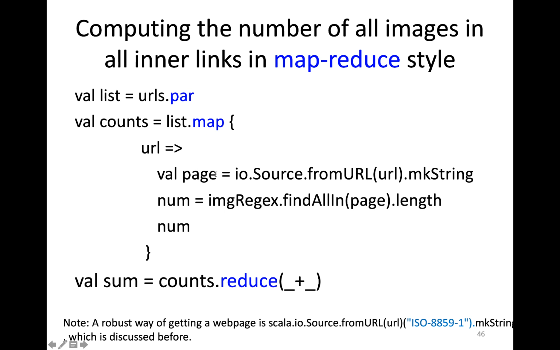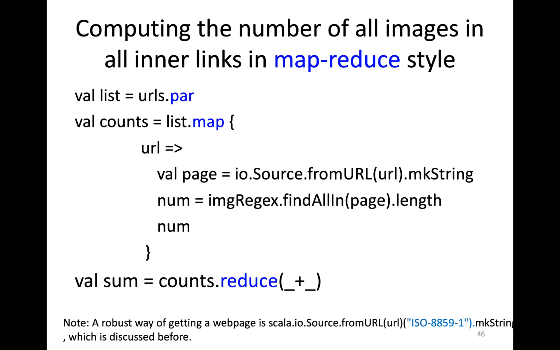And then here, given a page, we are searching how many matches there are, and dot length gives us that number, how many matches, right? So num basically means how many images are there in the page of the URL, and then that happens for each URL, right? And so counts basically is a list of all those numbers over all URLs, and then we use a reduce operation to aggregate them.